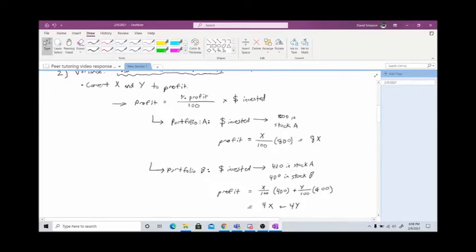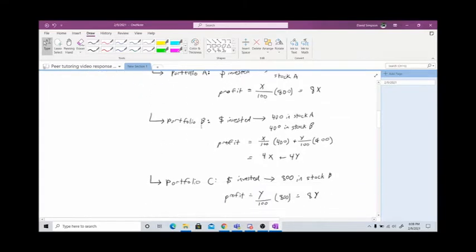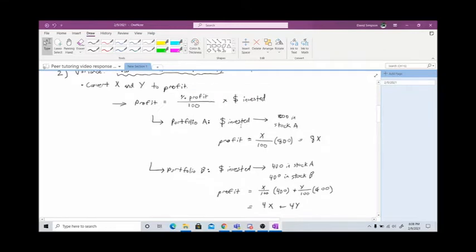So, for example, we can just go through portfolio A, B, and C. With A, in our case, since we're buying 100 shares of stock A and it's $8 a share, we've invested 800 in stock A. And the profit would be whatever X is divided by 100 times 800. And that simplifies to 8X. So in portfolio A, our formula for profit is going to be 8X.